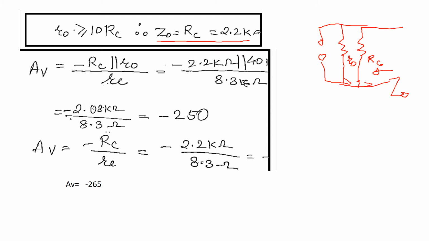Now coming to the voltage gain AV. What is the voltage drop? Take the parallel combination of RC parallel R0. Current flowing out of it is IC, so IC into RC parallel R0. What is the input side? It is nothing but the emitter resistance re, so the current flowing into it is IB.